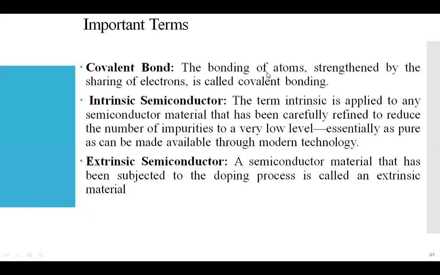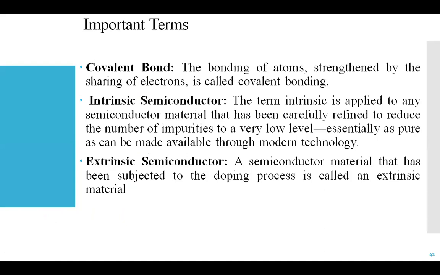Now the second one, the extrinsic semiconductor material, is a semiconductor material that has been subjected to the doping process that we already discussed in the last session. When you add some impurities to the material, that process is the doping process, which makes the extrinsic semiconductor.